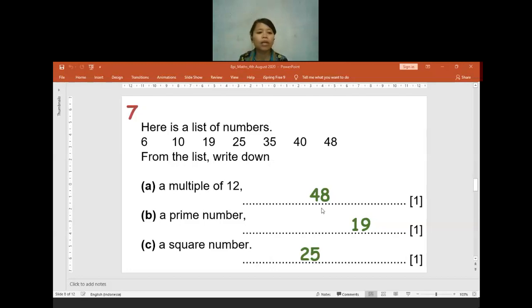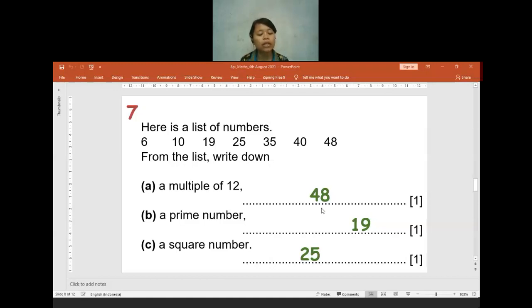But the other number can be divided by any other number, like number 6, it can be divided by 2, 10 can be divided by 2, 25 divisible by 5, 35 divisible by 5, 40 divisible by 5, 48 is divisible by 2. So the other number are not a prime number, only 19 that is prime number.